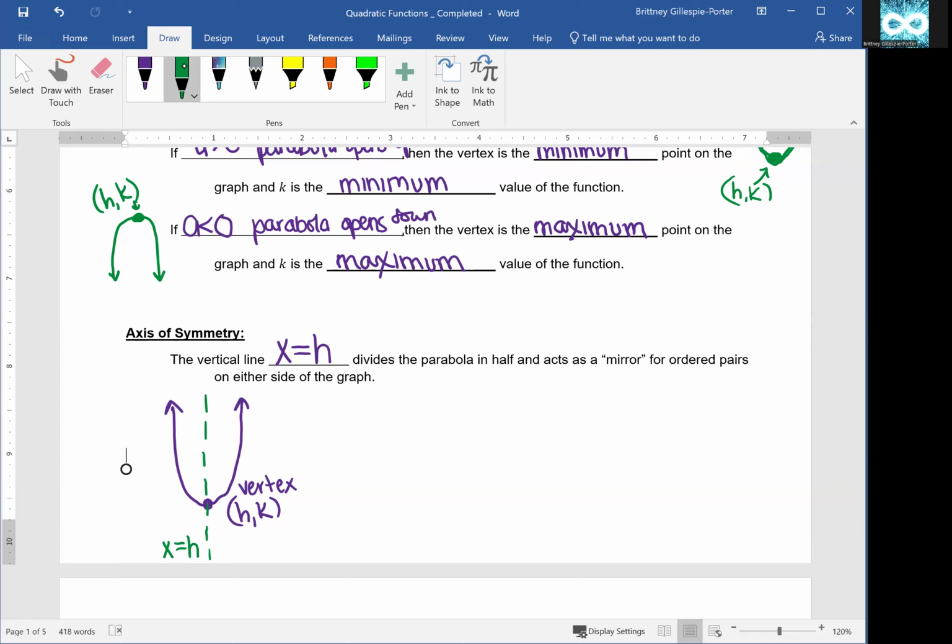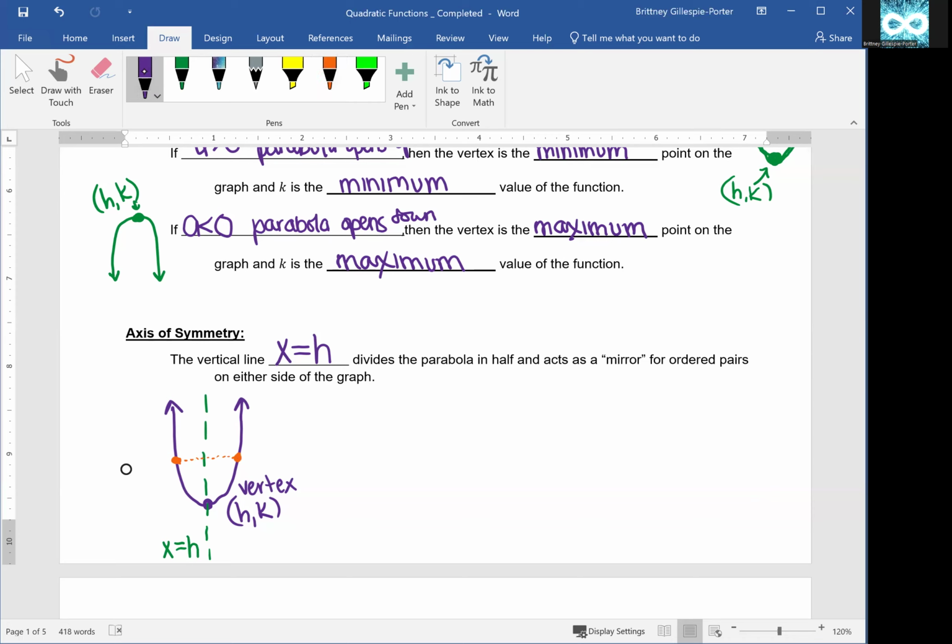And what I mean by it being a mirror is that if I were to fold the parabola on this axis of symmetry, on this dotted line, it would overlap on itself because this point on the left is the same distance away from the axis of symmetry as that point on the right.